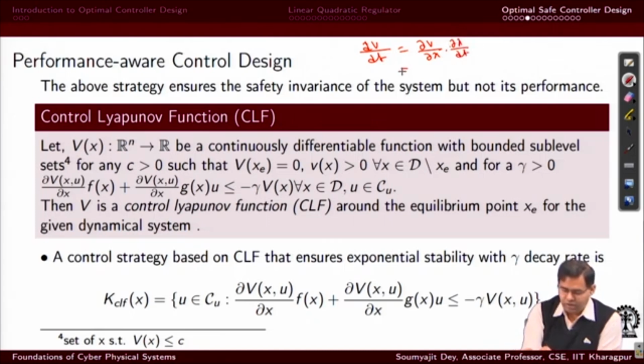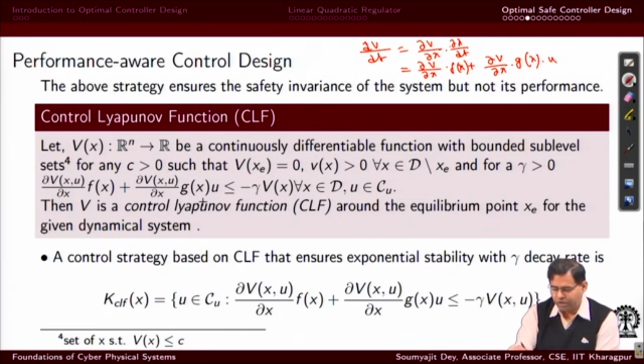Now, x dot is not only f(x), so you have del V del x times f(x) plus del V del x times this other part, which is g(x) times u. So, that is what we are writing.